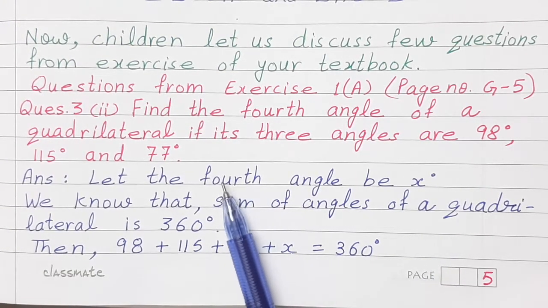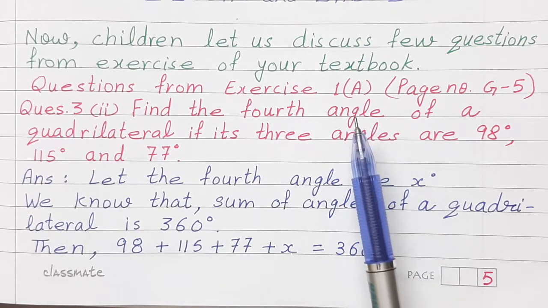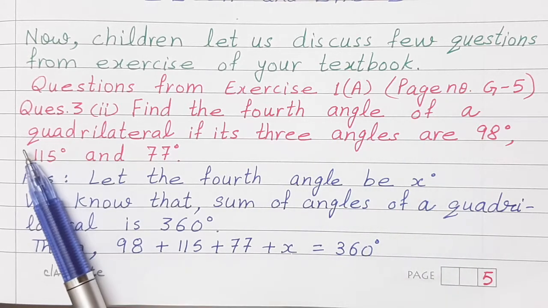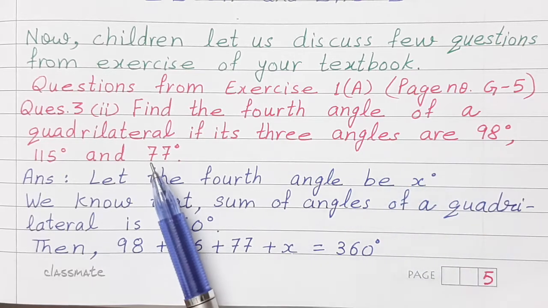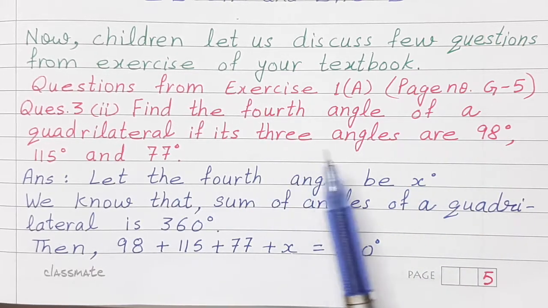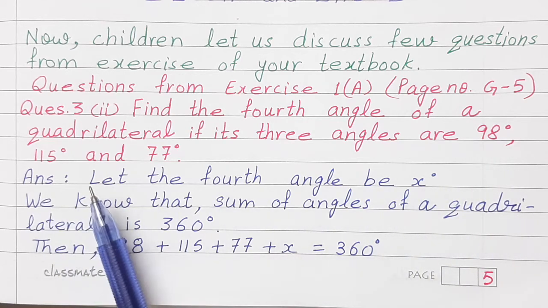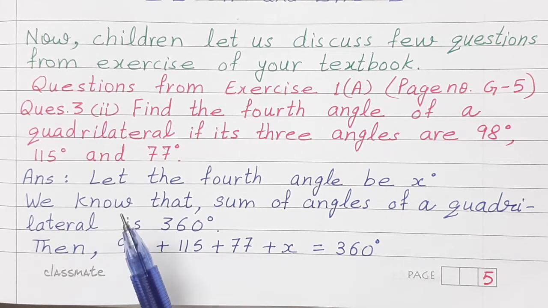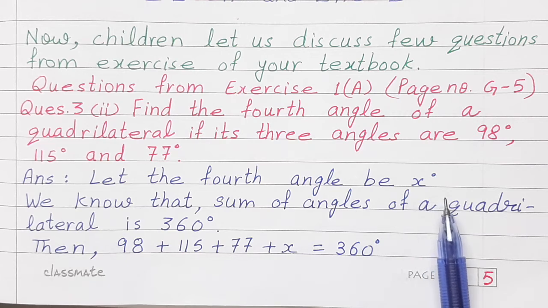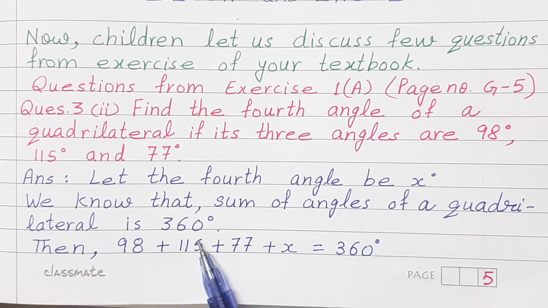Now children, let us discuss a few questions from the exercise of your textbook. Question from exercise 1A. Question number 3 is, find the fourth angle of a quadrilateral if its three angles are 98 degree, 115 degree and 77 degree. So the solution will be, let the fourth angle be X. We know that sum of angles of a quadrilateral is 360 degree.